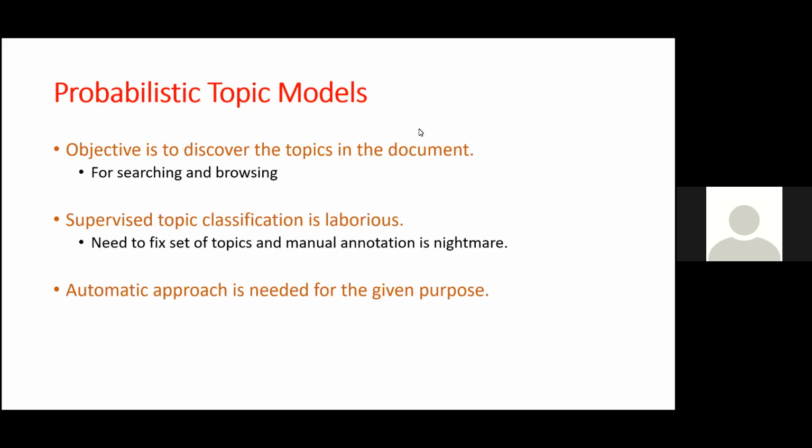So as I said, it falls under the probabilistic topic modeling technique, and the good part is that you don't need to label the things. It comes automatically. So latent Dirichlet allocation comes under the unsupervised category, and you save a lot of effort from annotating the documents manually.